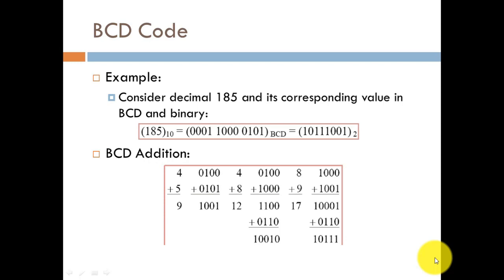So if you have closely observed the last table, then you can simply write that, otherwise you can convert it also. So the decimal 185 will be equivalent to this complete digit in the BCD.